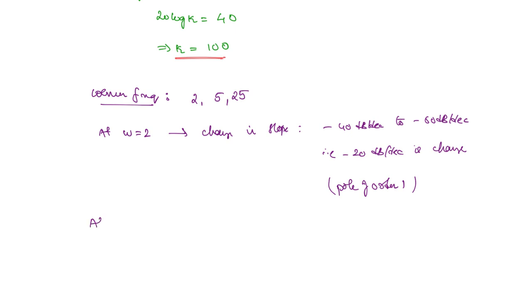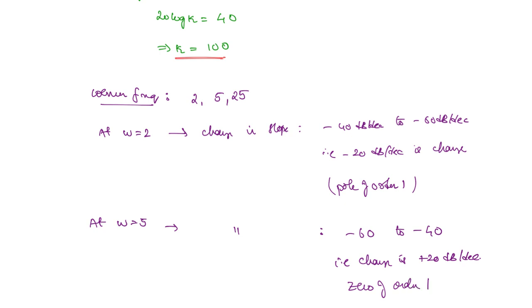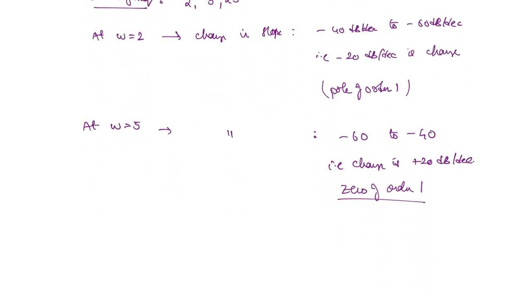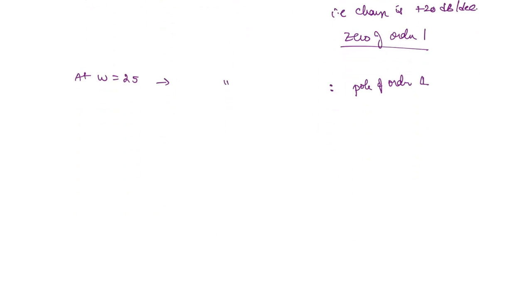And at omega is equal to 5, the change in slope is going to be from minus 60 to minus 40. So that change is plus 20 dB per decade. So this is going to be a 0 of order 1. Finally, at omega is equal to 25 with a similar analysis, you are going to get that there is a pole of order 1.